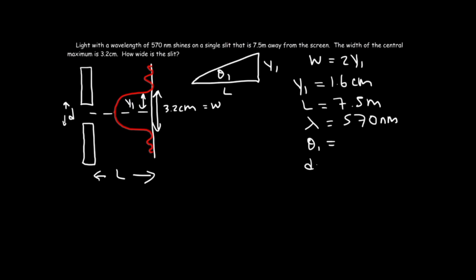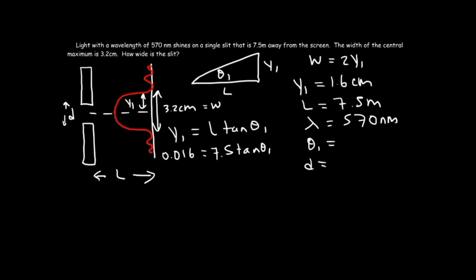We don't know the angle and the D. So let's use this equation: y1 equals L tan theta 1. So y1 is 1.6 centimeters, which is 0.016 meters. L is 7.5 meters.